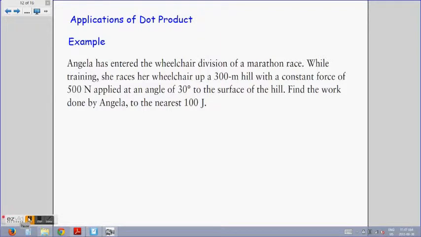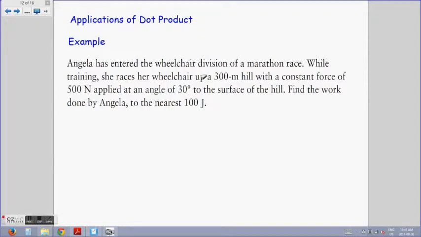Okay, so let's take a look at an application question for dot product. So Angela has entered the wheelchair division of a marathon race. While training, she races her wheelchair up a 300-meter hill with a constant force of 500 newtons applied at an angle of 30 degrees to the surface of the hill. Find the work done by Angela to the nearest 100 joules.